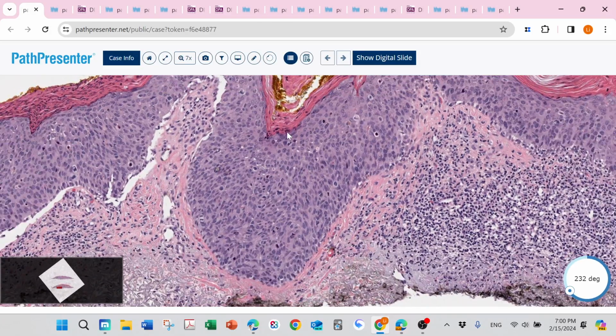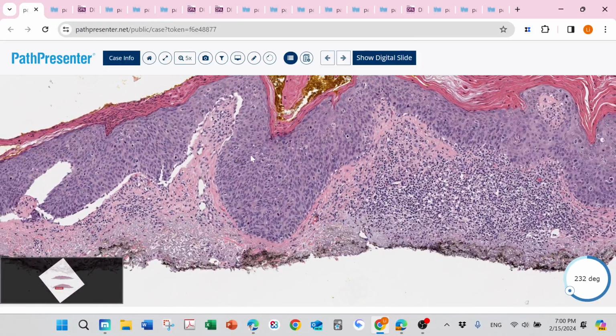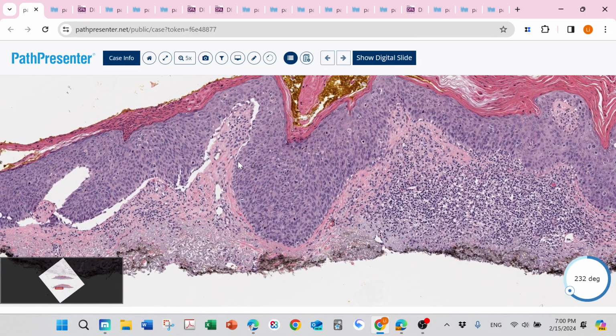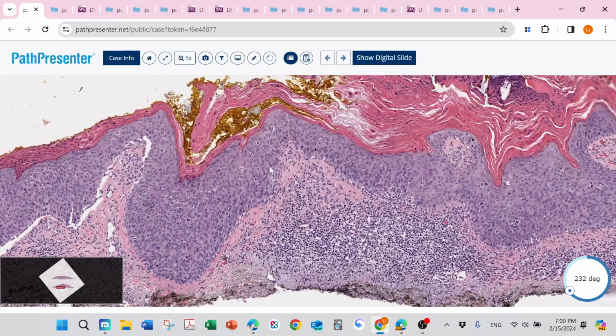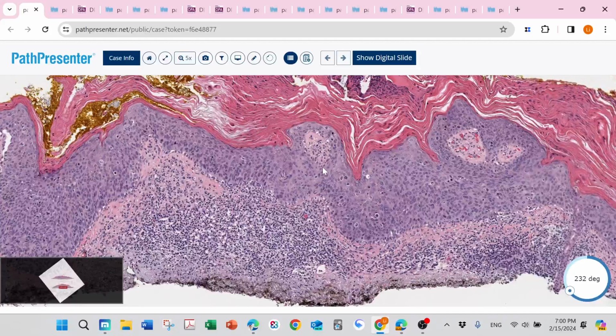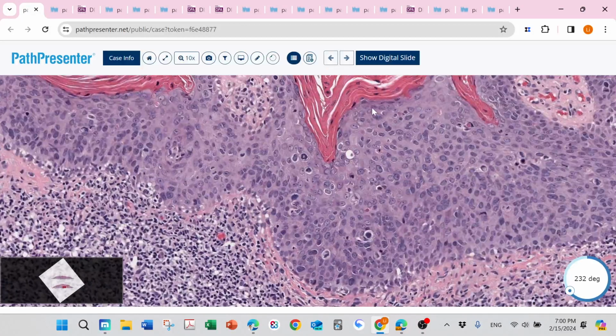And then they have this full thickness atypia. If this squamous cell carcinoma in situ happens in the scrotum, we will call it Bowenoid papulosis. But if in other skin areas, we will call it squamous cell carcinoma in situ. So you can see really full thickness atypia, mitosis everywhere.